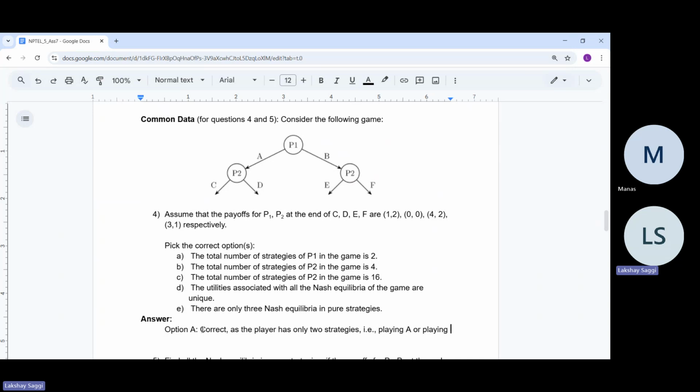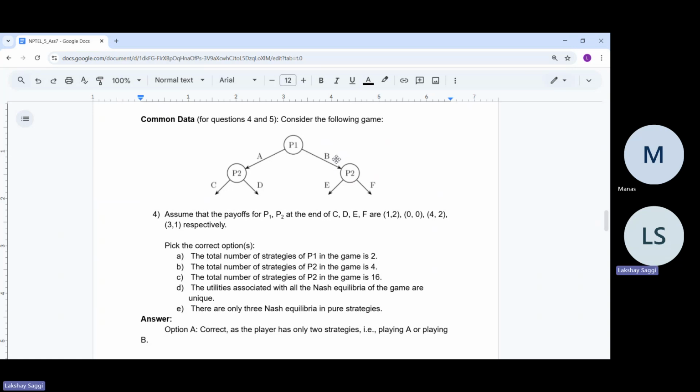And note that we are assuming we are right now considering only deterministic strategies. We also talked about mixed Nash equilibria previously, so one might say that maybe there can be a probability distribution over these two strategies A and B. Like the player plays A with probability P and B with probability 1 minus P, and then there can be an infinite number of strategies.